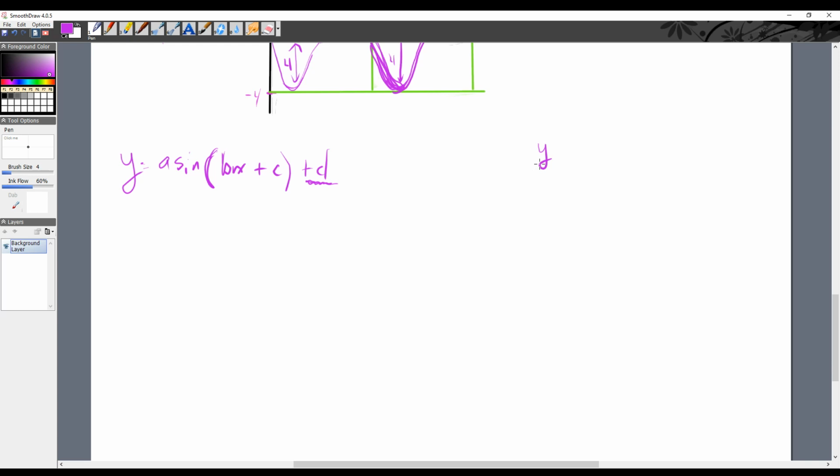So we have y equals, let's just start with the basic one. So sine x, we know what it looks like. How about if we said the sine of x plus 3? How about if we said the sine of x plus 1? How about if we said y equals the sine of x minus 4? So go ahead, go off to Desmos and give those a whirl and see what they look like.